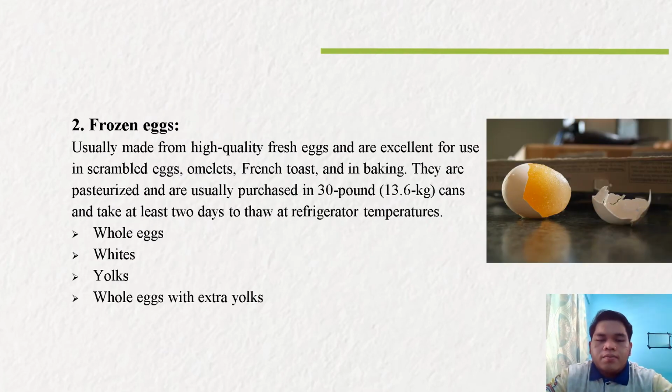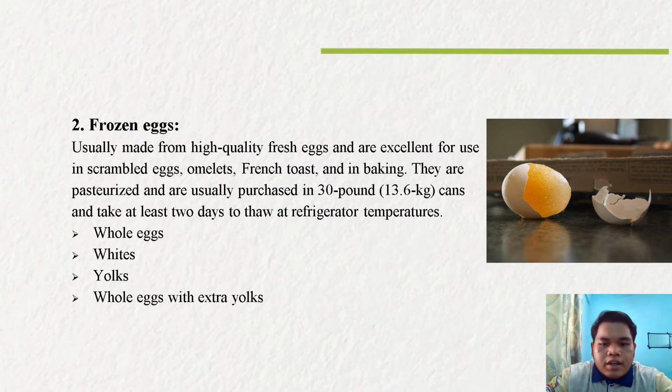The next market form is frozen eggs, usually made from high-quality fresh eggs and are excellent for use in scrambled eggs, omelets, French toast, and in baking. They are pasteurized and are usually purchased in 30-pound or 13.6 kilogram cans and take at least 2 days to thaw at refrigerator temperatures.